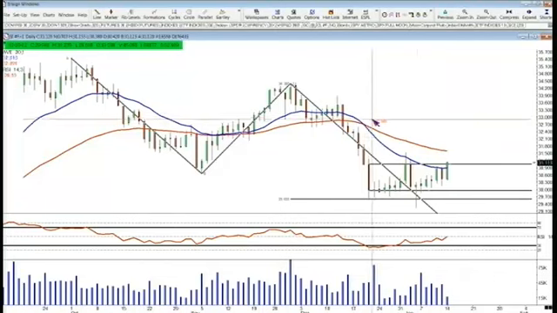You did not have a hammer candle, but as that area was being tested on January 4th, it's not a reversal candle like the hammer candle we saw in gold, but you did see the bulls really step in and protect those lows. So you can see that silver has been consolidating sideways, making slightly higher lows, but still struggling to get outside of the body of that candle of December 20th.